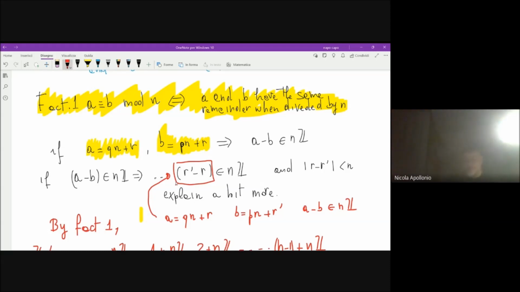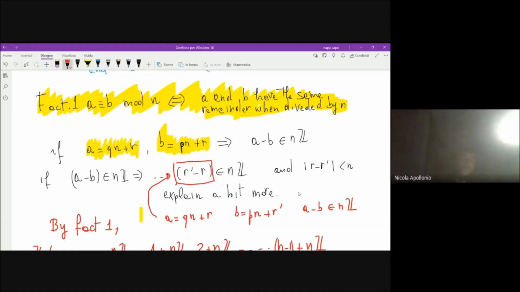But you know that R minus R prime is always smaller than n in absolute value. So since it belongs to the set of multiples of n, but it is smaller than n, what is the unique possibility left?